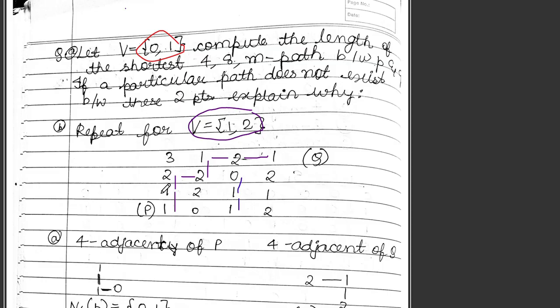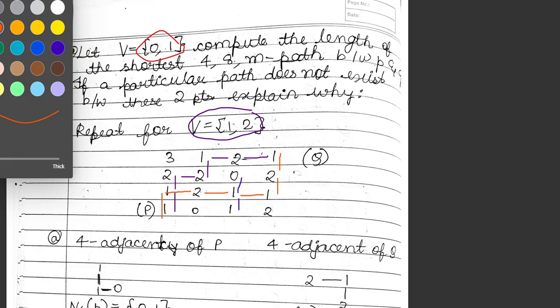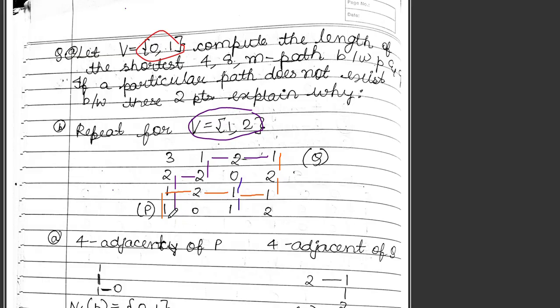So you can travel from 1 to 1, 1 to 2, 2 to 1, 1 to 1, 2 to 1, and 2 to 1. So let's calculate the path value or the length of the path. For the purple color, 1, 2, 3, 4, 5, 6. So its value is 6.